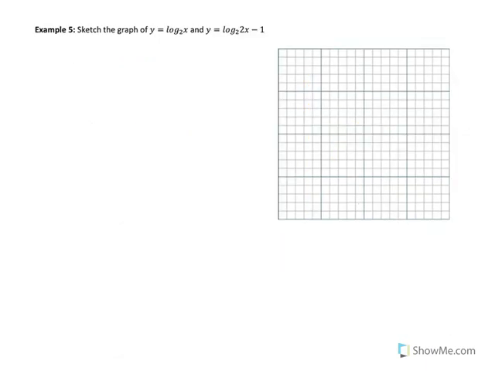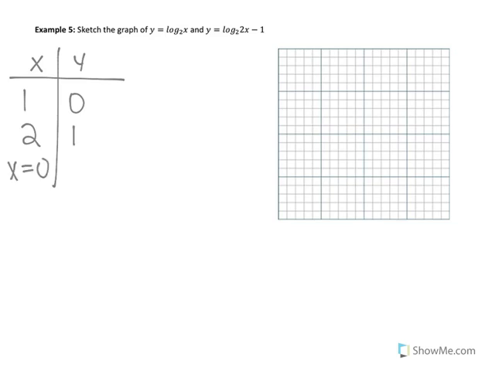So let's graph log base 2 of x and log base 2 of 2x minus 1. So we have a point at (1, 0) and (2, 1) and an intercept at 0. Okay, so we'll plot that at (1, 0) and (2, 1), and there is my graph.